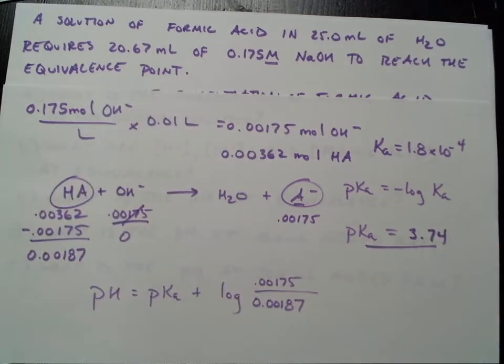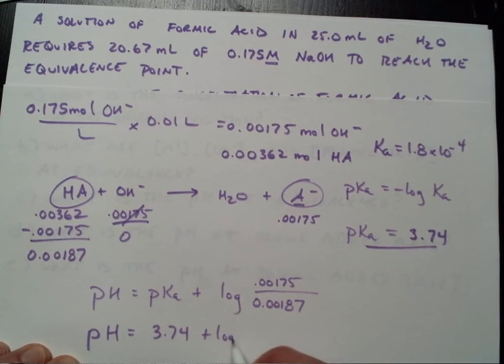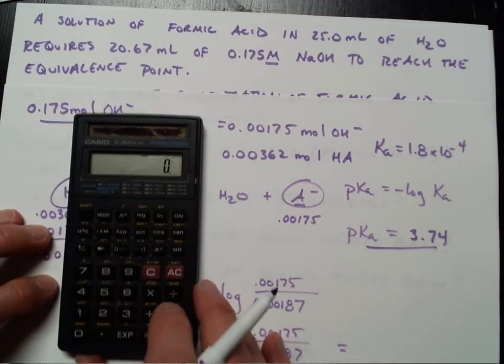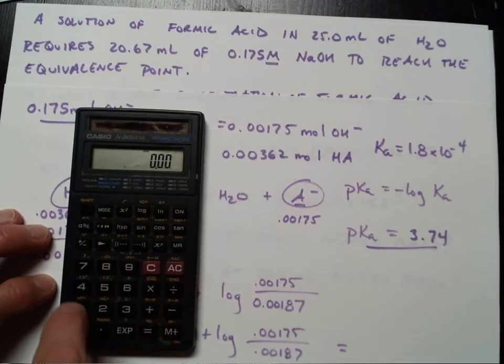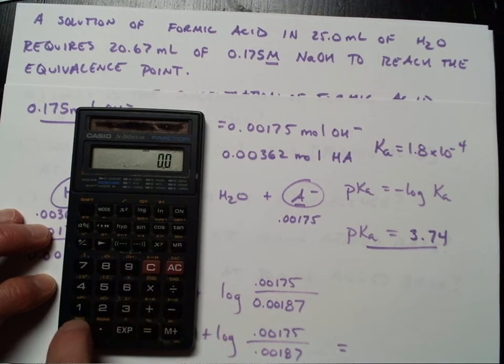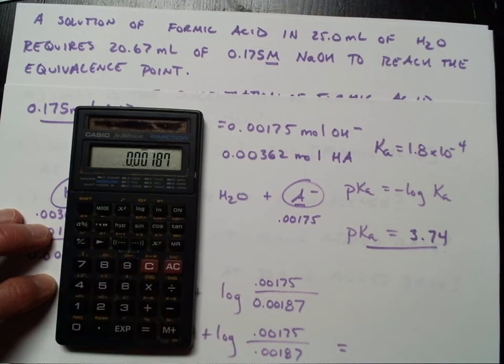Woo! So my pH is going to be 3.74 plus the log of 0.00175 divided by 0.00187.